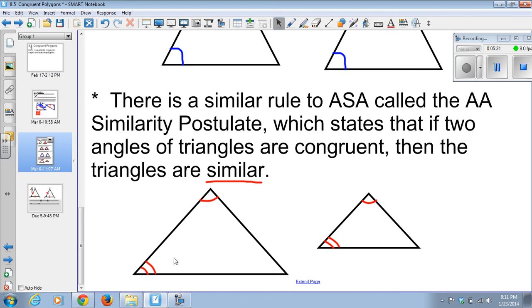See, we can have triangles that have all the angles the same, but the side lengths could be different. So we see here, we have these two angles are congruent with these two angles. Therefore, the triangles are similar. They could be congruent, but they are definitely similar.